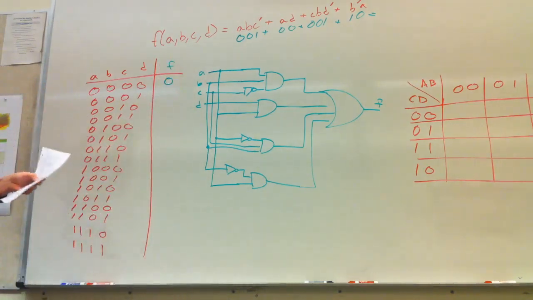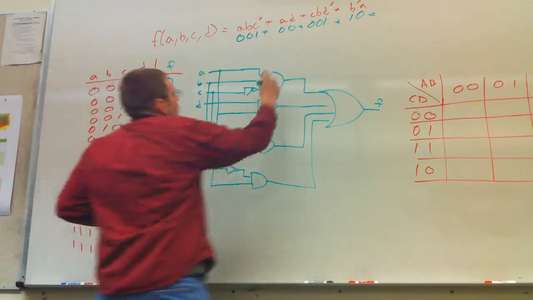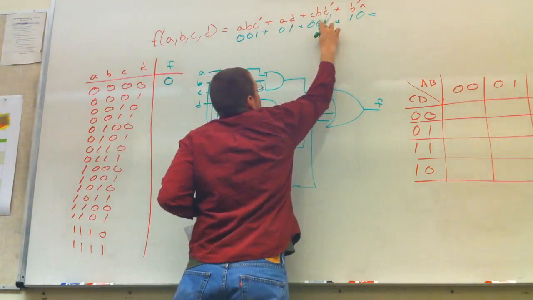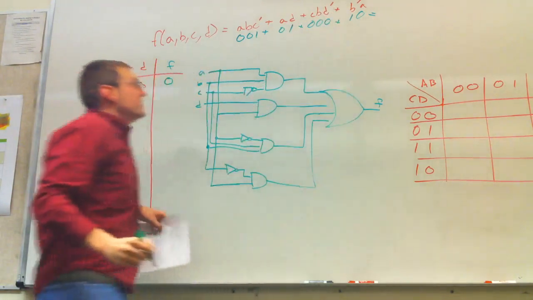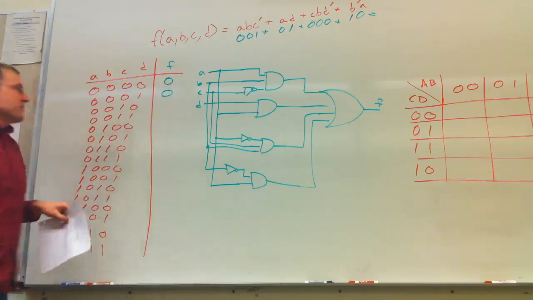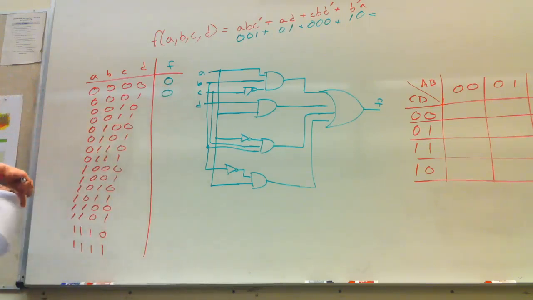Output is 0. If I do 0, 0, 1, so D is now 1. That changes to 1. That changes to 0. Didn't change anything. The result is 0. So that's 0. I can also use the circuit, so I can do 0, 0, 1, 0.